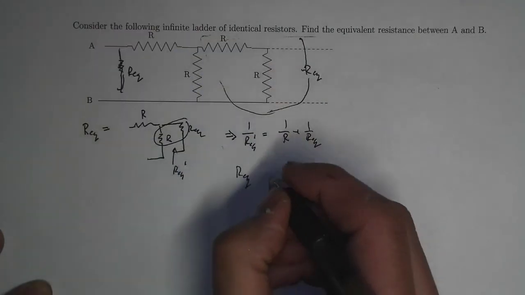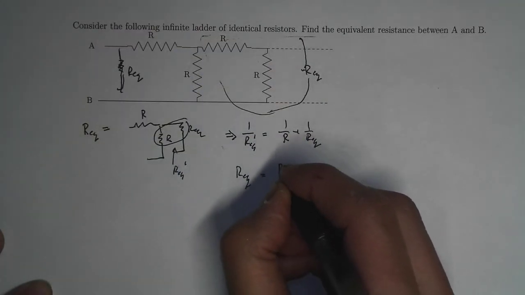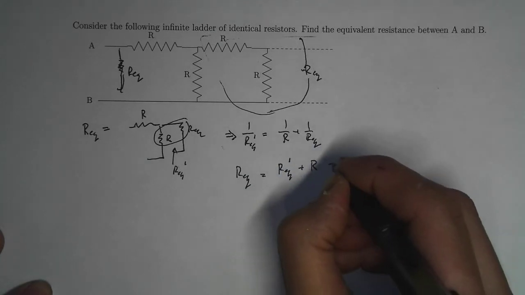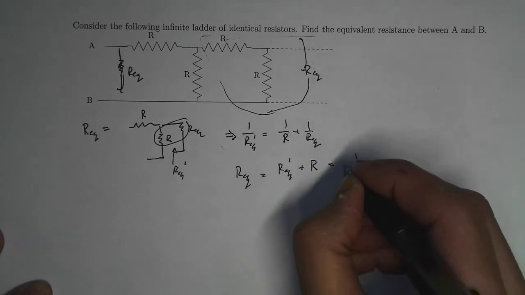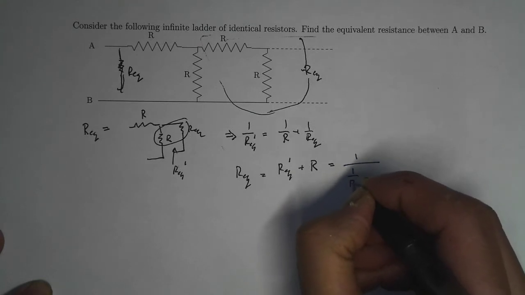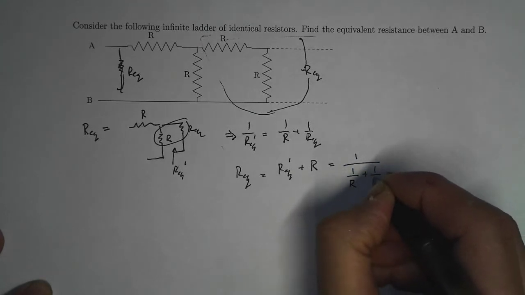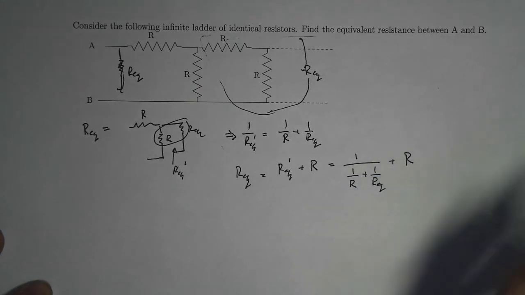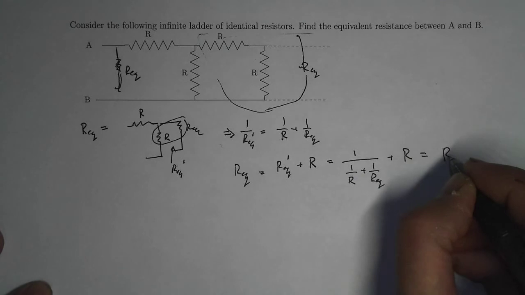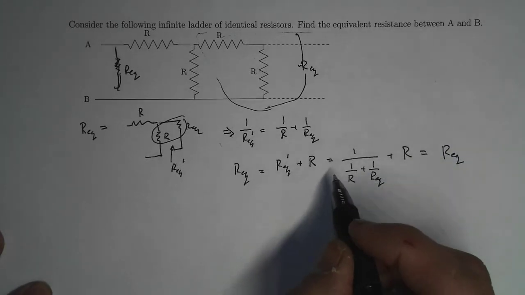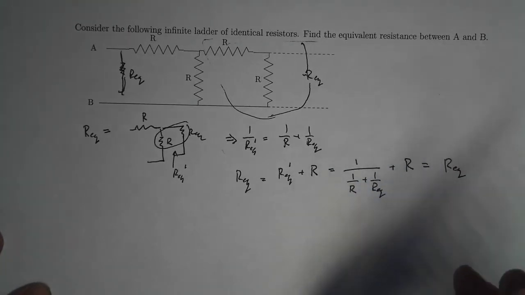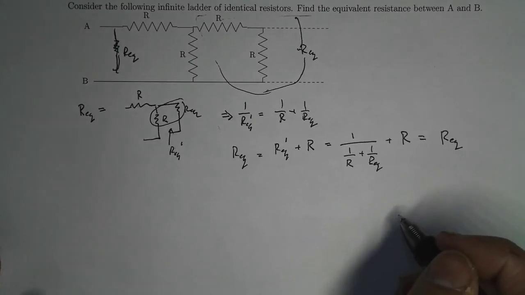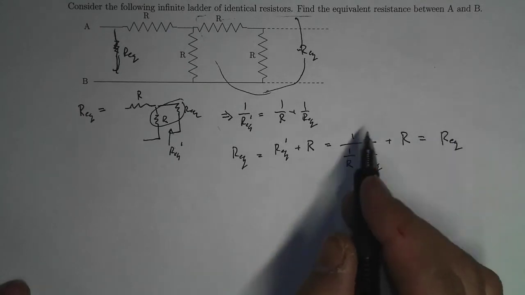REQ, which is the entire thing, is equal to REQ prime plus R. So this is 1 over R plus 1 over REQ, plus R, and this is equal to REQ. If you get to this point already, you're essentially done. We're going to go ahead and finish this one off now. It's just solving this problem here.